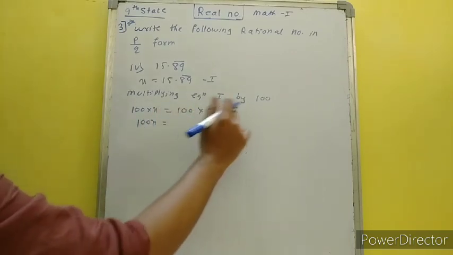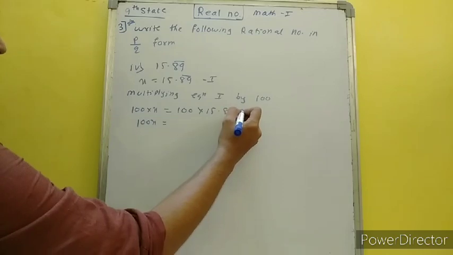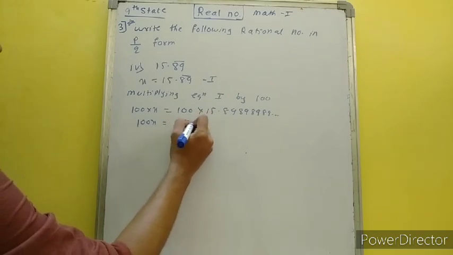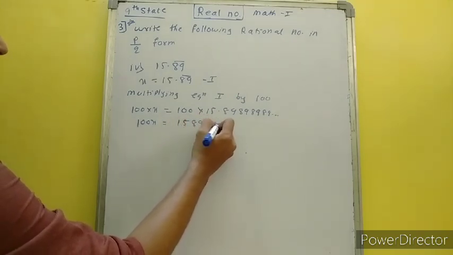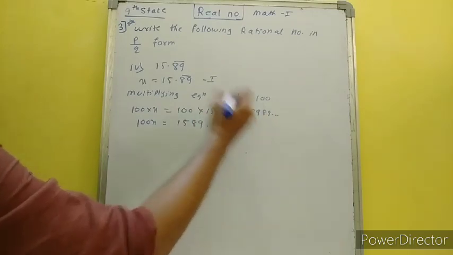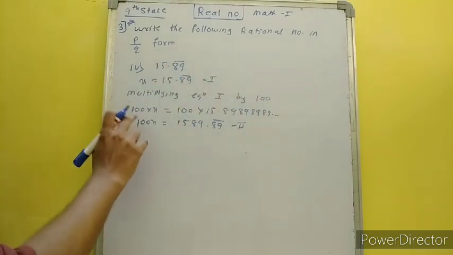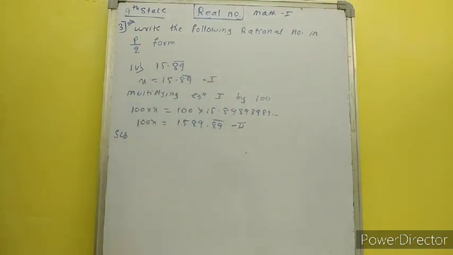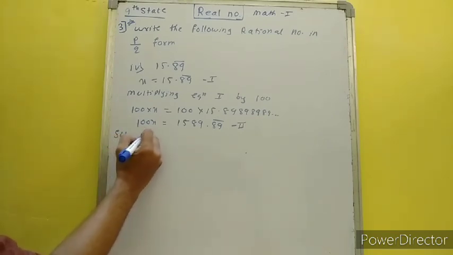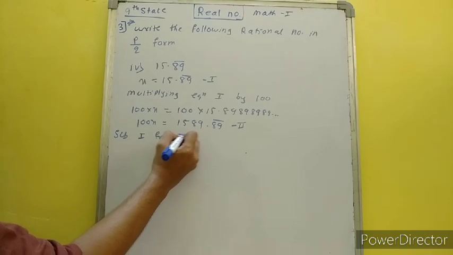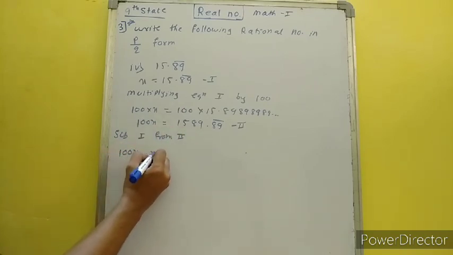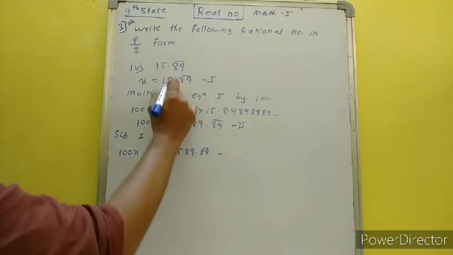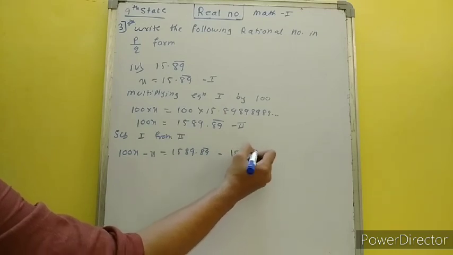When I multiply this, it is nothing but 1589.898989 and so on. So it is 1589.89 recurring. This is equation number 2. Subtracting 1 from 2, because we have 0.89 recurring. So it is 100x minus x, 1589.89 recurring minus 15.89 recurring.